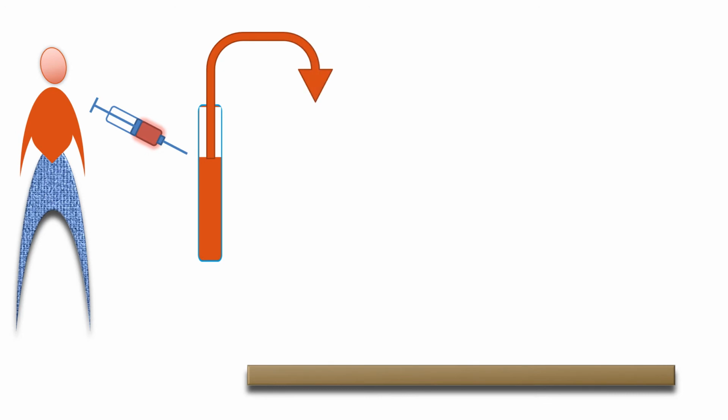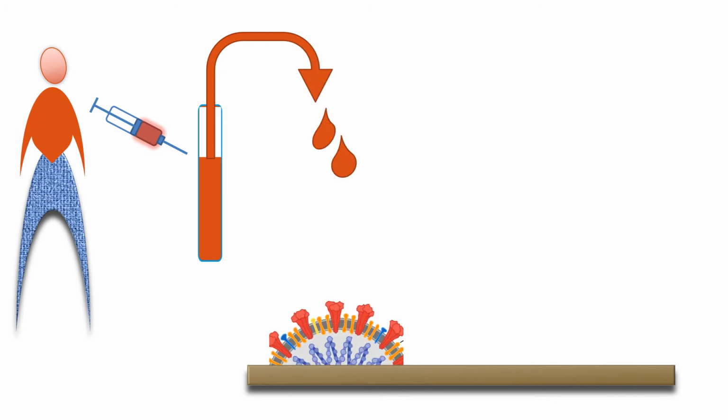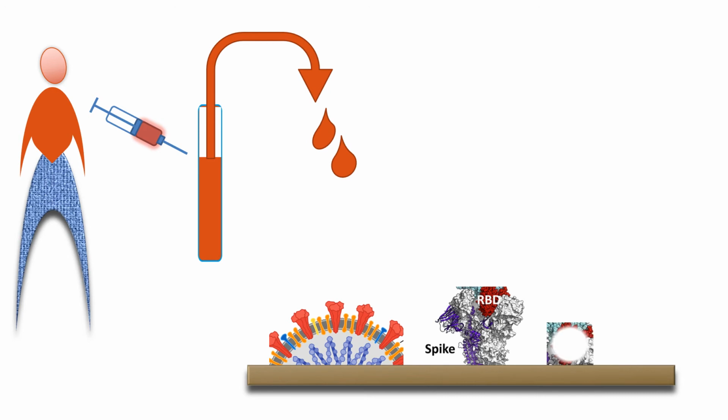Let me walk you through the assay. An individual will donate blood, and this blood is collected, and we test it on what we call a platform or an assay. We need to test for antibodies to coronavirus, so we use the coronavirus on the assay, or we can use the whole spike protein, not all of the coronavirus proteins.